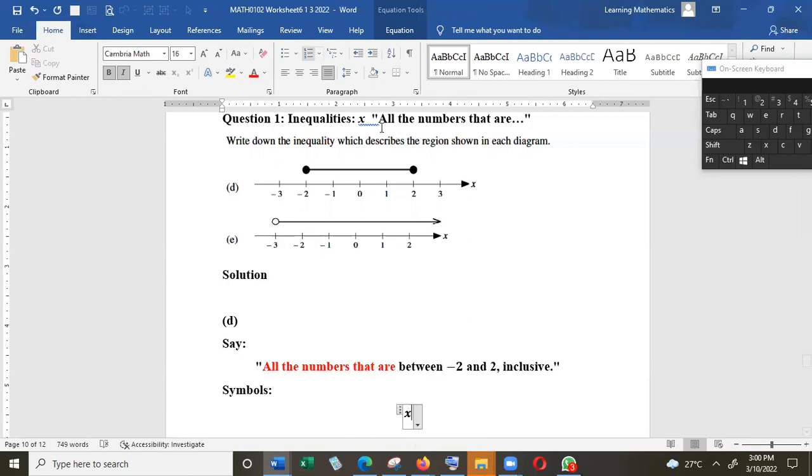Anytime you see X, you can say all numbers that are. So all the numbers that are X between -2 and 2. -2 is on the left side, and 2 on the right side.